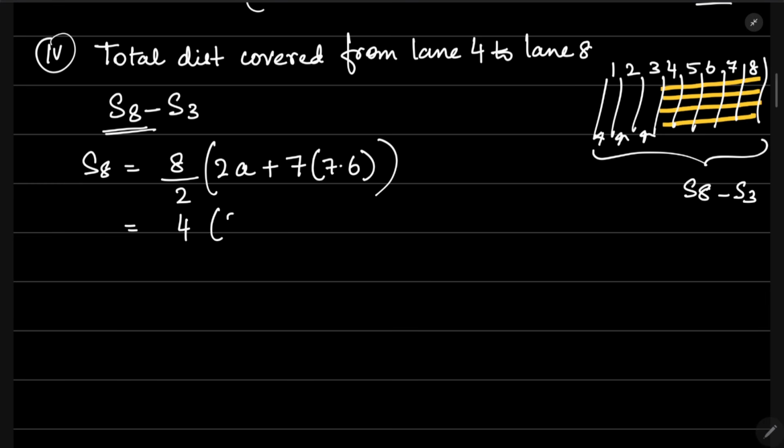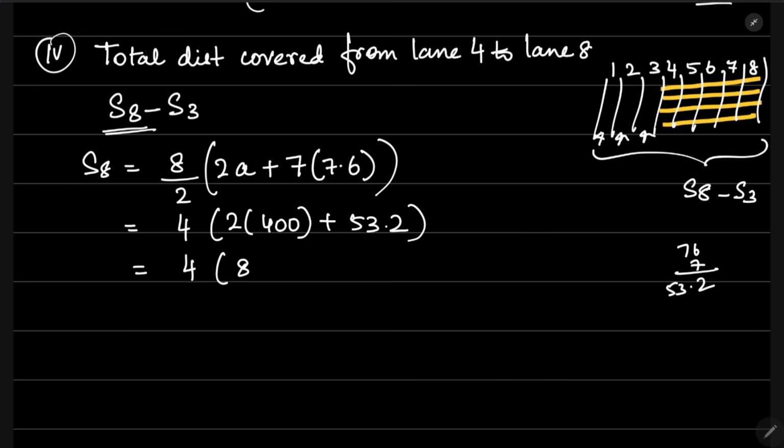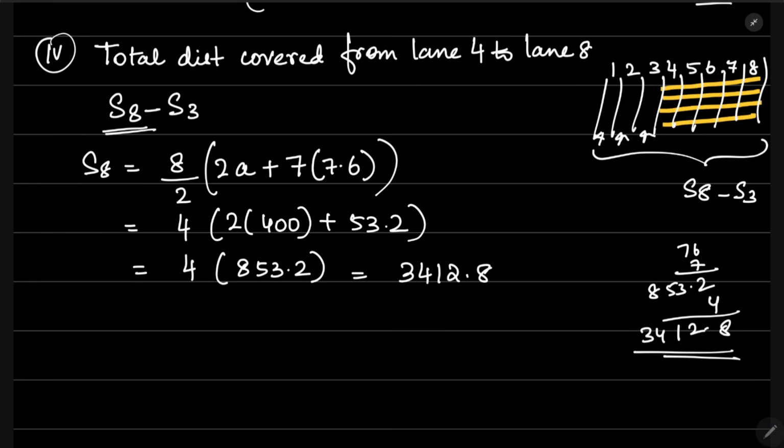So 4 into 2 into 400 plus 76 into 7, which is 53.2, so 853.2. Just multiply it with 4, and you get 3412.8. This is the total distance.